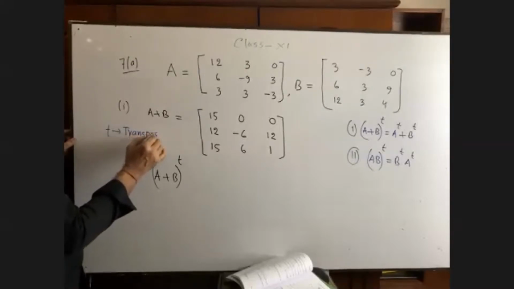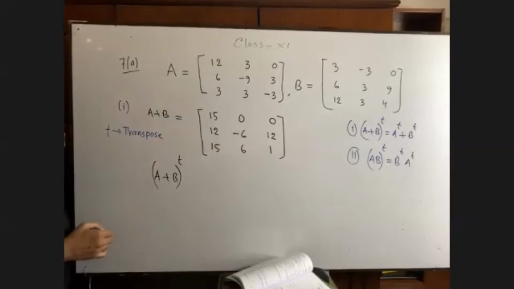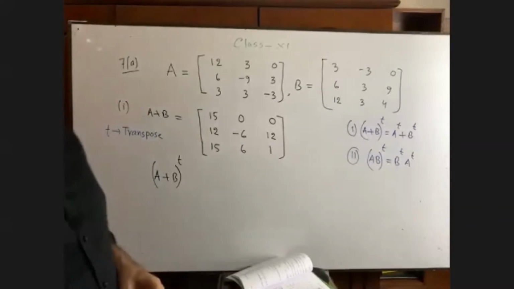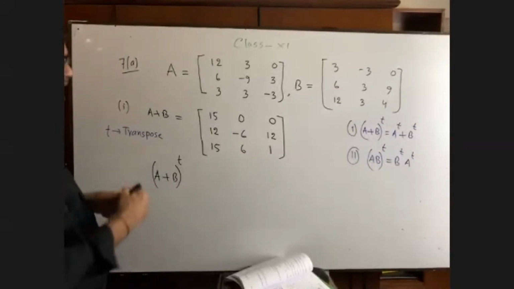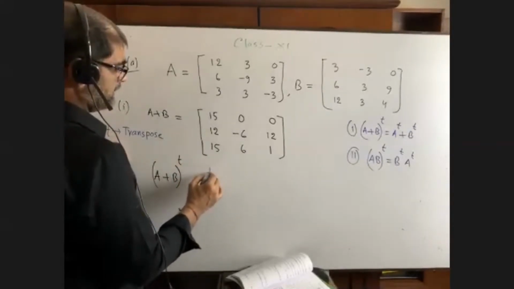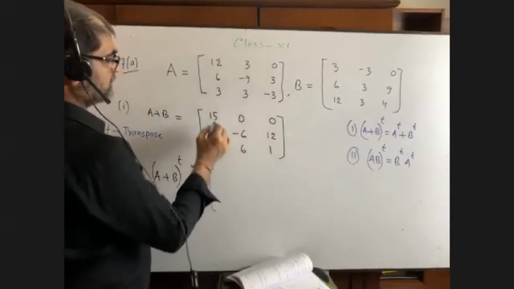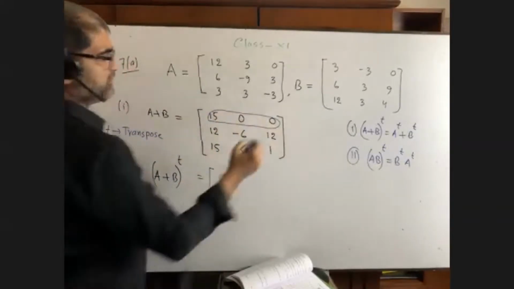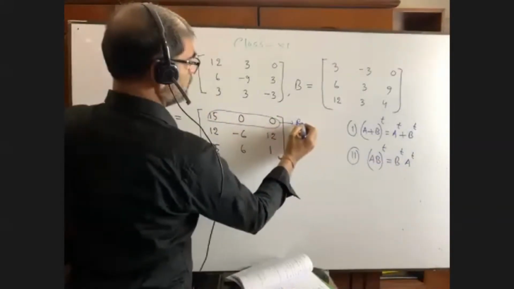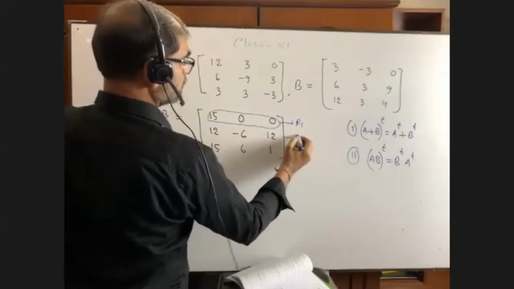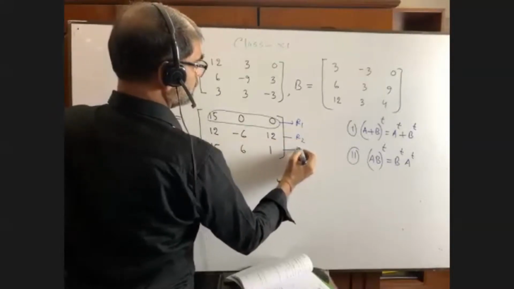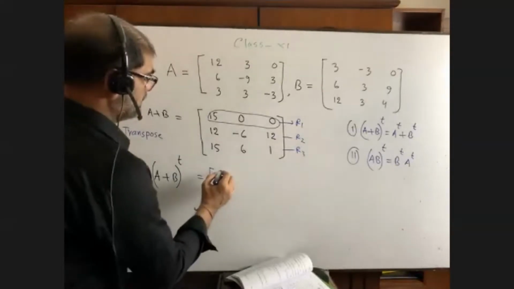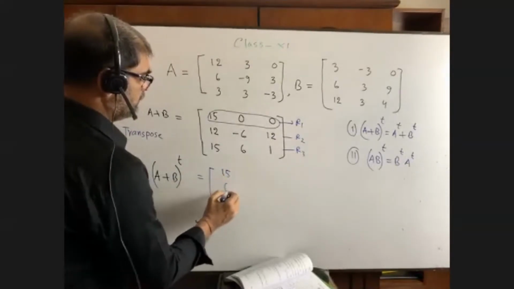What is transpose? If anywhere T is written, it will be transposed. That means column and row will be interchanged. Here, this is row 1, this is row 2, and this is row 3. Row 1 will now be a column, that means 15, 0, 0.